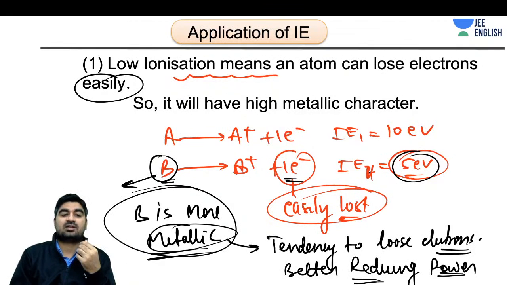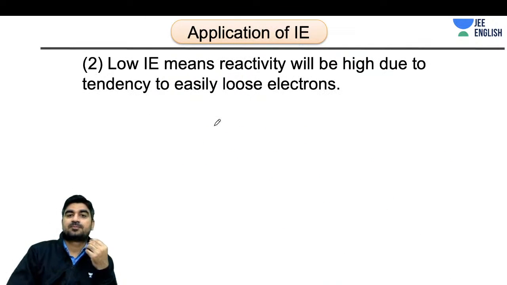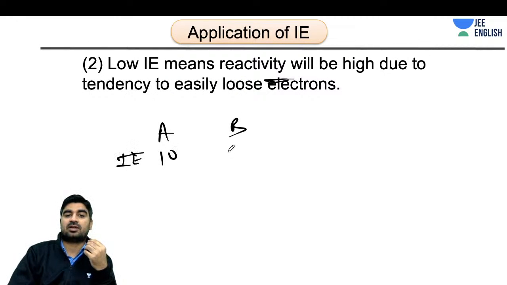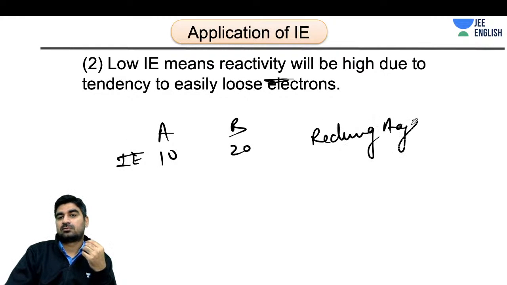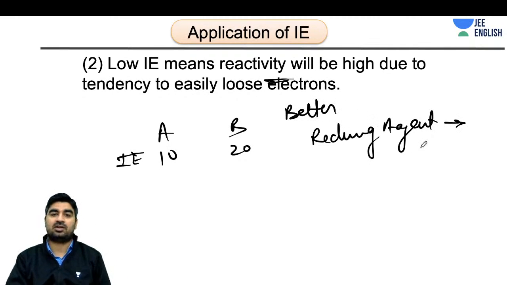So if someone asks you, A and B, ionization energy is 10 and 20, which is the better reducing agent? Can you tell me? Which will be the better reducing agent? Tell me.